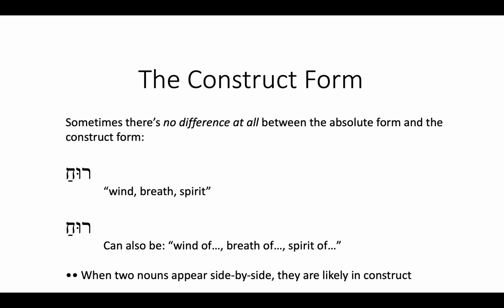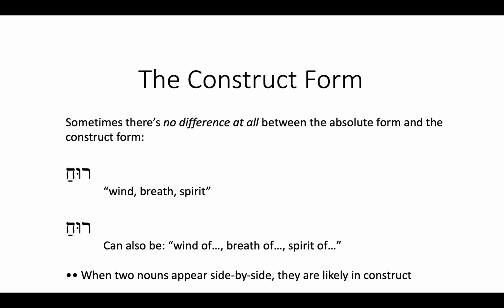Sometimes they're slightly different, sometimes they're the same. Here's a little hint. When two nouns appear side by side, they are likely in construct. This is not always going to be the case, but oftentimes it is. And also the good news is that if you know what the words mean, usually you can almost tell intuitively that you need to add an "of" to make the sentence make sense.